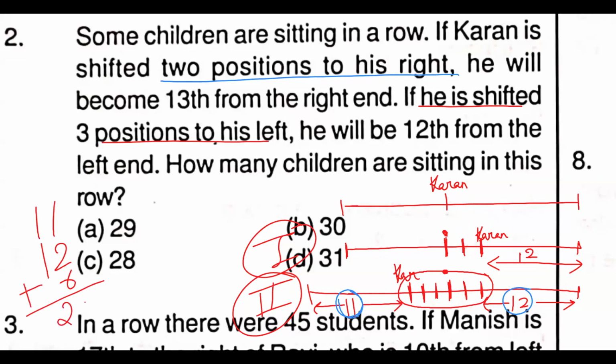How many are coming? Is it coming 29? Yes, ma'am. The total students will come out to be 29 students. Got it? Yes, ma'am. I hope it is clear, or should I repeat it? No, ma'am, it's clear. Okay.